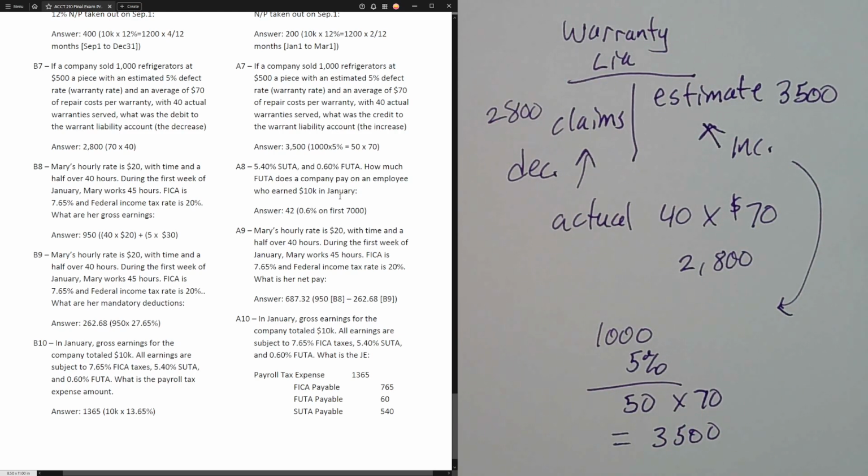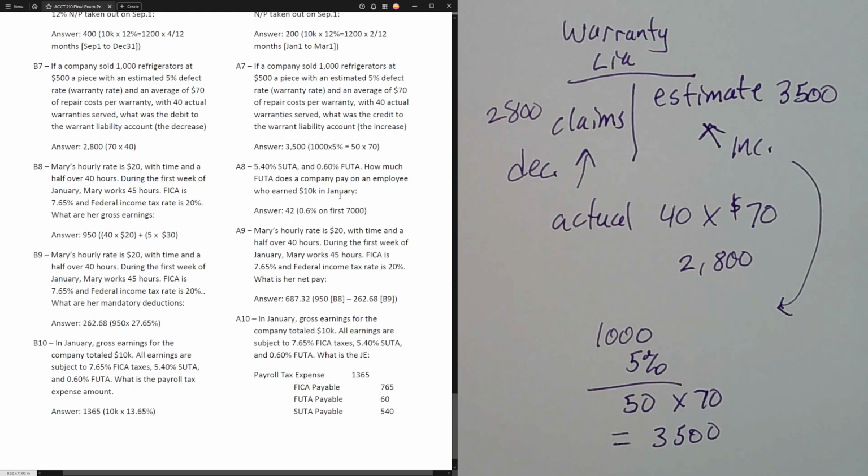Now, I'm not asking you to actually look up the income tax table. I'm just giving you a round number for an income tax rate. And let's say it's in South Dakota, so we're not even doing a state income tax. So 20% plus 7.65% times the 950 is the deductions, and that's how when you go to A9, you put those two pieces of information together to get to our net pay.